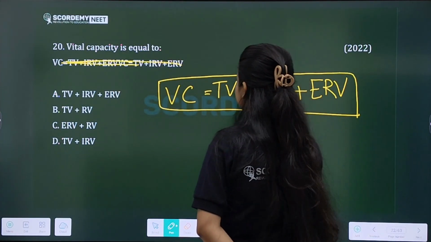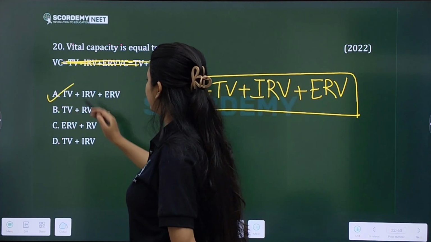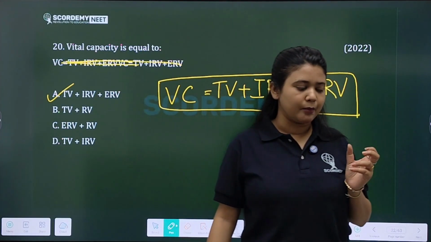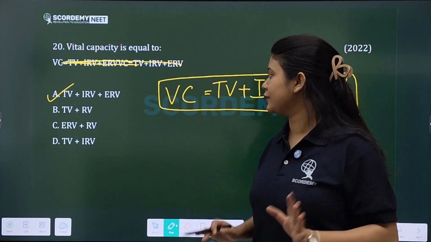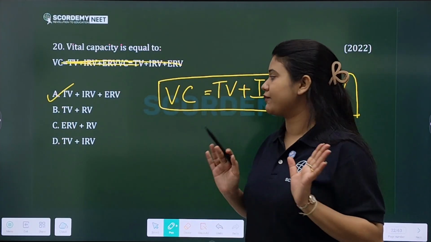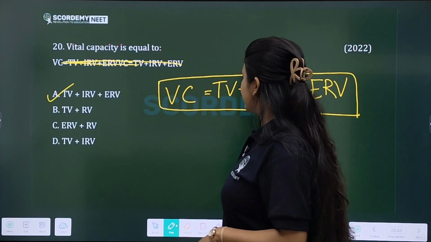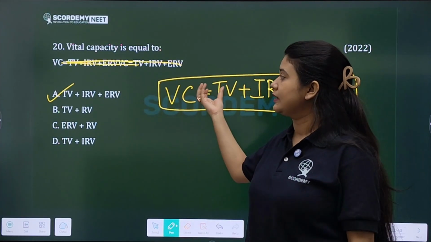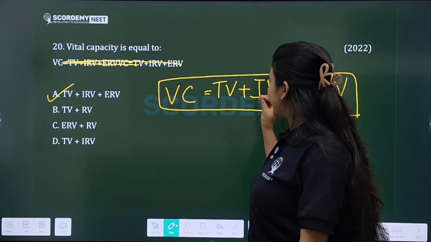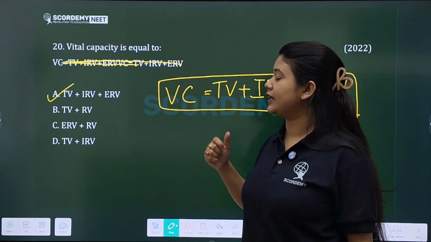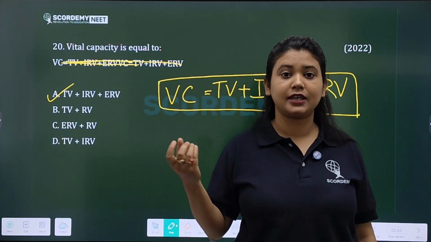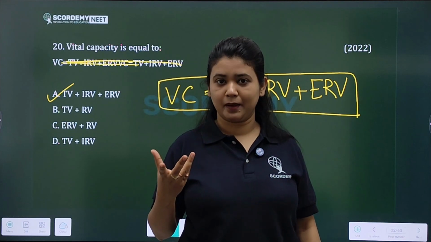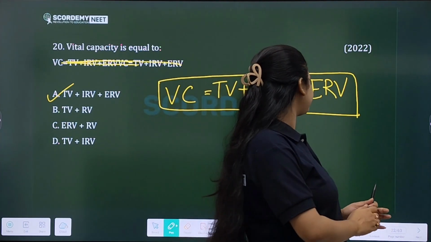In this chapter, breathing and exchange of gases, you have to remember certain facts and figures along with certain formulae. What vital capacity means, what tidal volume means, what residual volume means, and what functional residual capacity means. You need to be clear about the meaning of each term.